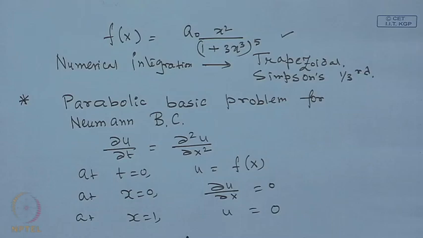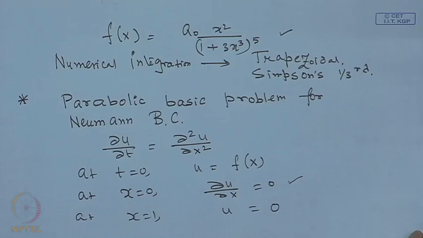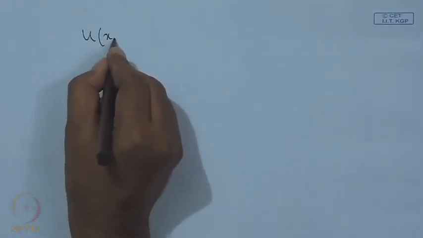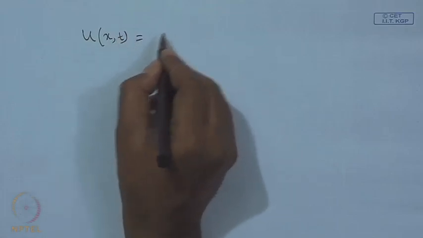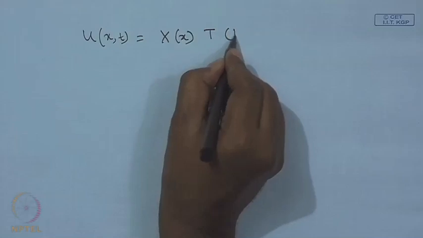Now, only one non-homogeneity is present in the governing equation, but this boundary condition is a Neumann boundary condition. So, again we define this problem by using separation of variables. So, u has to be a product of two terms, one is assumed to be a function of x alone, another is a function of time alone.